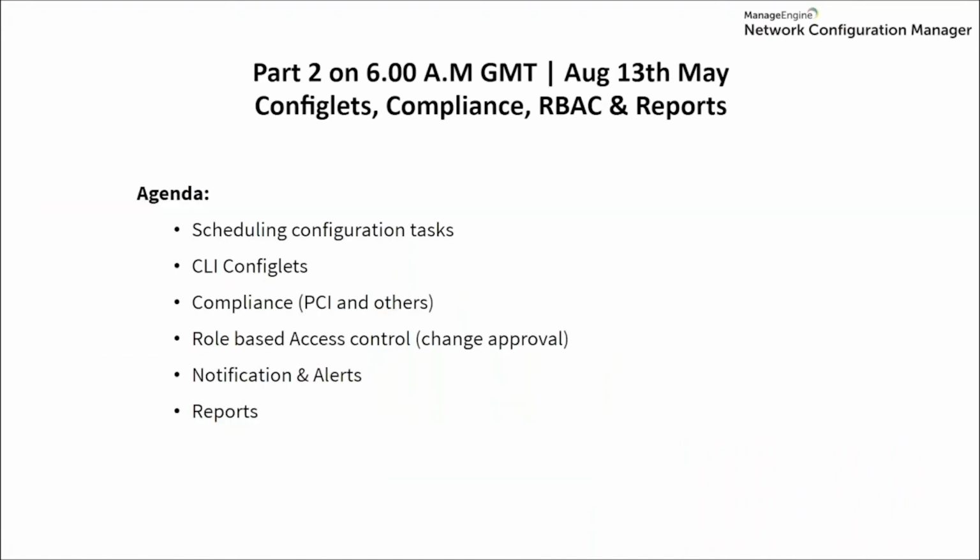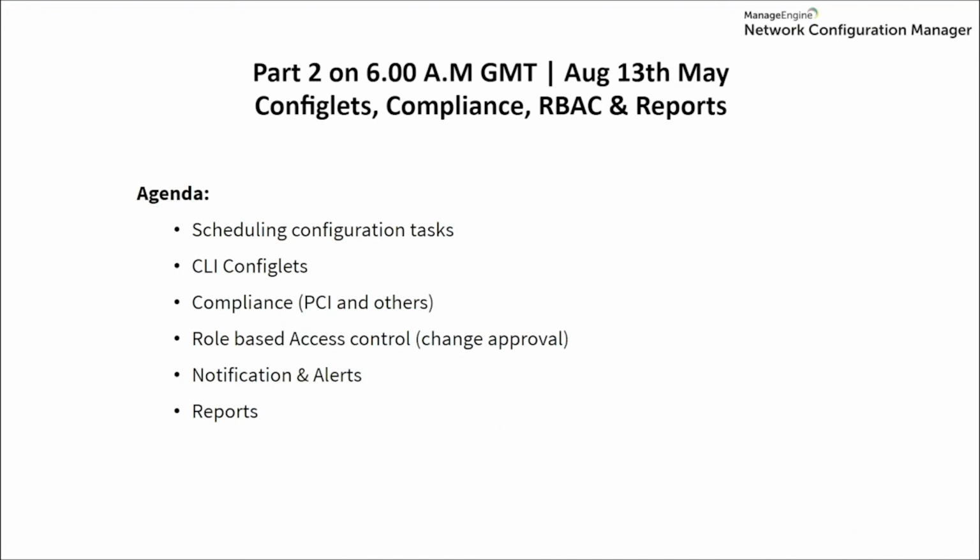We'll meet again next week with the second part of the training, same time on the 13th of August. We'll be discussing features like configlets, compliance, role-based access control, and reports. This is the agenda here. We'll be talking about how you can schedule different configuration tasks, how you can execute configlets, how you can schedule configlets, how you can check your network for compliance, and how you can fix compliance violations in your network, how you can receive notifications and alerts based on various parameters in your network configurations.